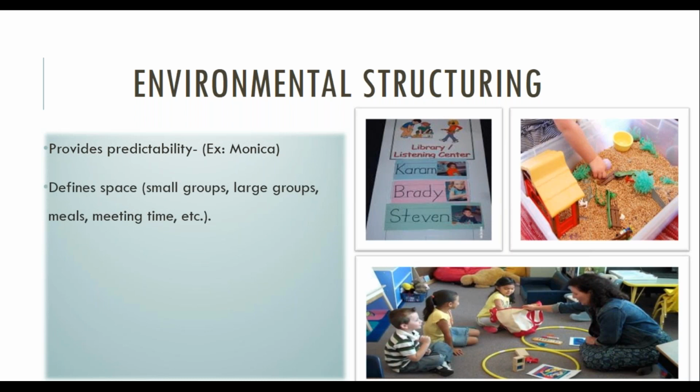The other one is when you are structuring your classroom, depending on the space that you have. Sometimes you have a big classroom and sometimes you have a teeny weeny classroom. So you have to determine how to define your centers. Where am I going to do small groups? Where is my large group or meeting time or circle time going to be? How many tables am I going to have for lunch and things like that?